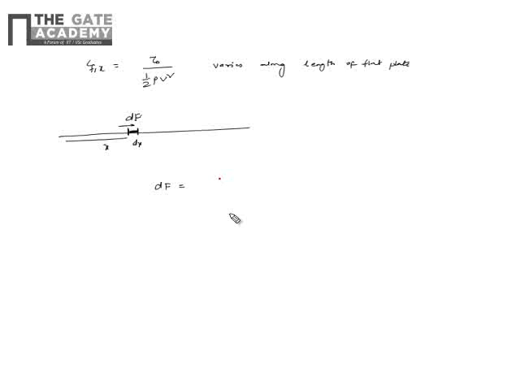So how do I calculate drag force? Drag force here is tau naught, the shear stress, into area. This length is dx, and the perpendicular width, let's say we take 1 unit into the paper. So tau naught, from this definition, is CFX into half rho v square, so df is CFX half rho v square dx.